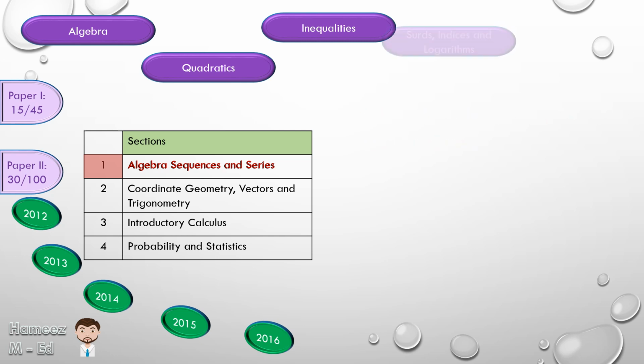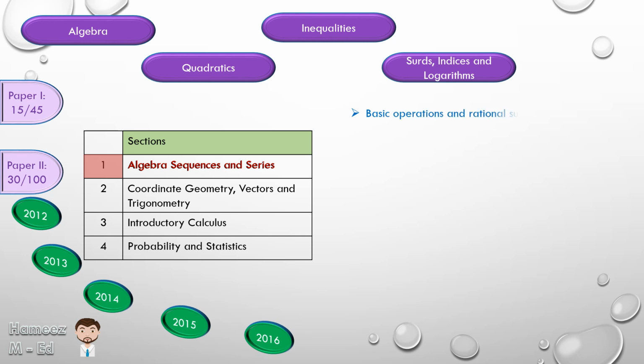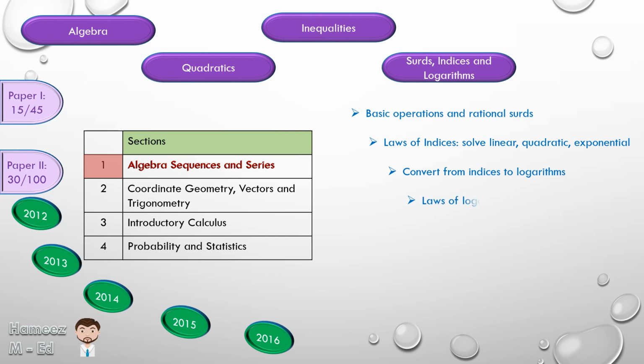For the 4th one, Surds, Indices and Logarithms, students should be able to use the basic operations of add, take away, multiply, and rationalize surds. Students should be able to handle the laws of indices to solve exponential equations, linear or quadratic, to convert from the indices form to the logarithm forms or vice versa, and of course the laws of logarithms.